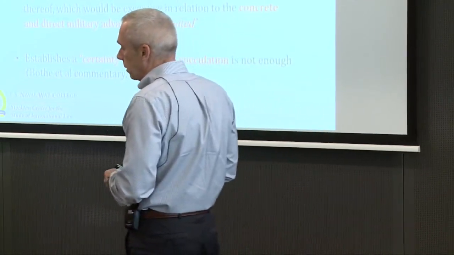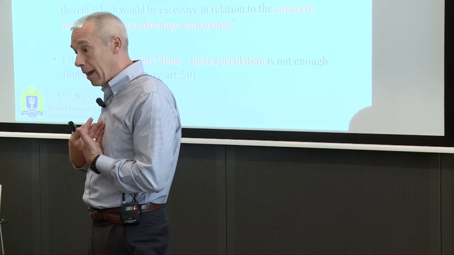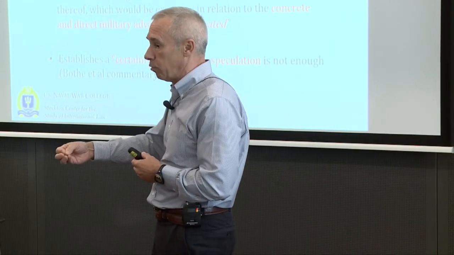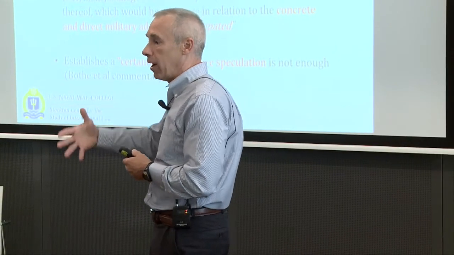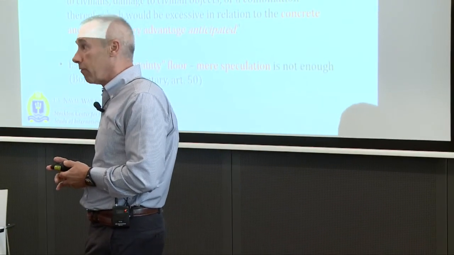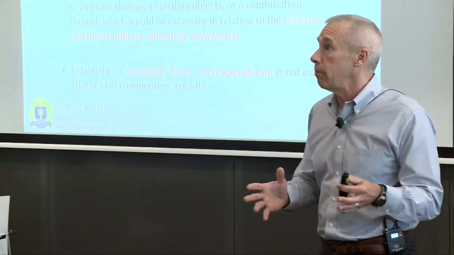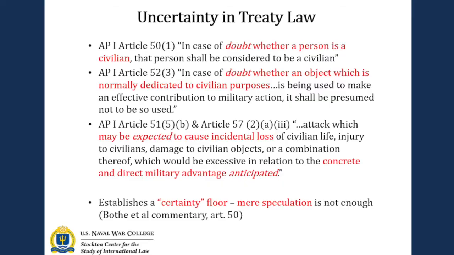We begin by looking at the treaty law, which at least I believe is reflective of customary law. Not everyone agrees with that premise, but I believe what you find in the additional protocol reflects customary international law. There are two provisions that talk about doubt. The first one is Article 50.